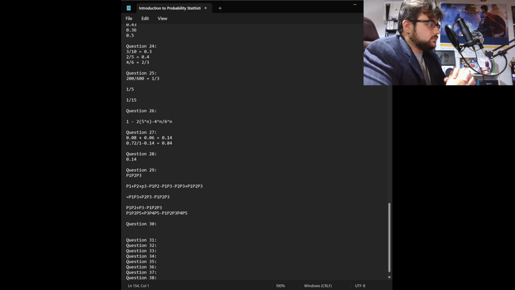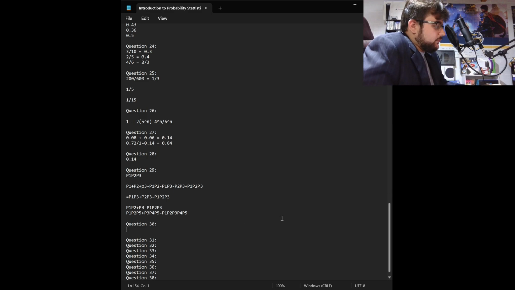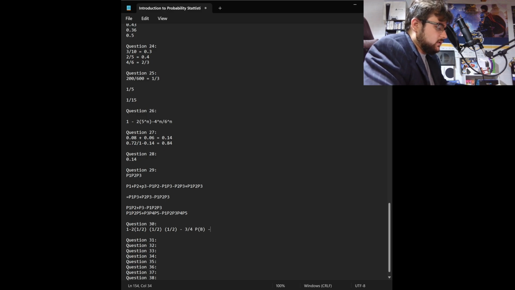Now, as for B, B is pretty easy. You've got 1/2, and then 1/2, and 1/2, and once again 1/2, equals 3 over 4. So P(B) in the sequence is 1/2.